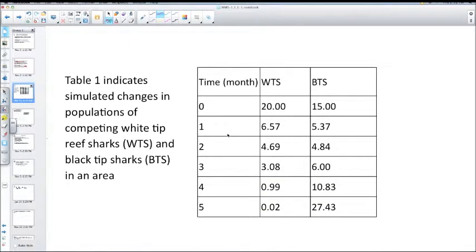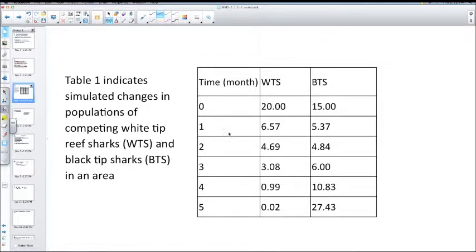Here is a data table. The table has 3 columns and 5 rows.